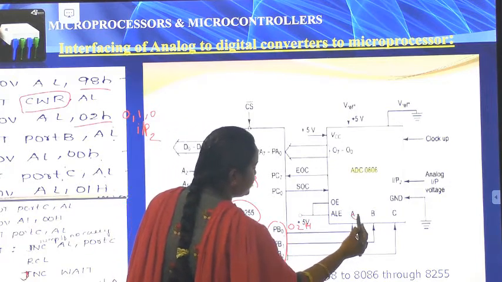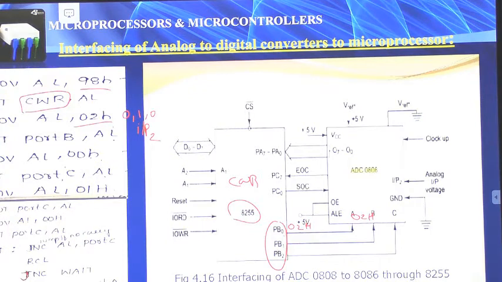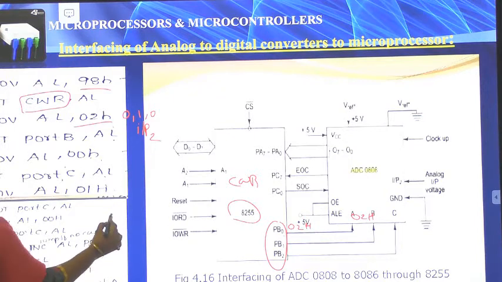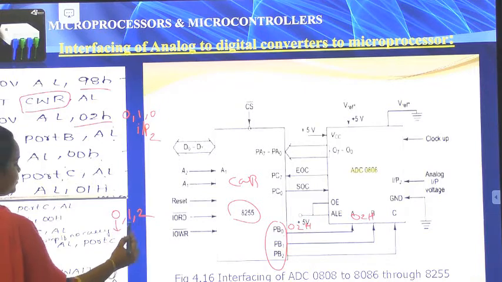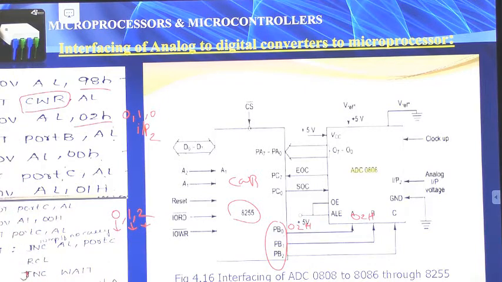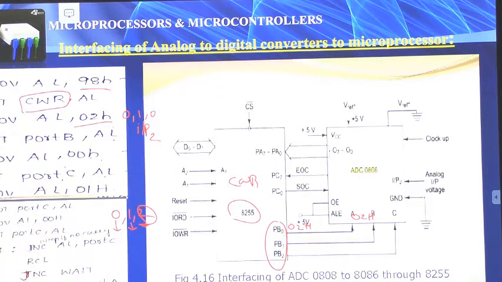Address pins 02H is our input. That means we are going to take the inputs from 0 to 2, like that: 0, 1 and 2. Up to 2, we are going to continue the process. Why? Because we are taking the inputs up to 2. For that, we are taking 0, 1 and 2. At the end of 2, we are going to stop the conversion.